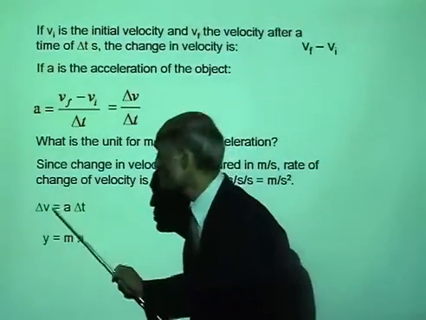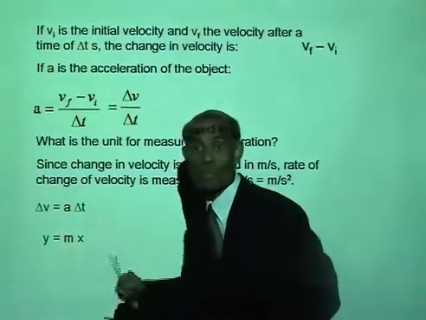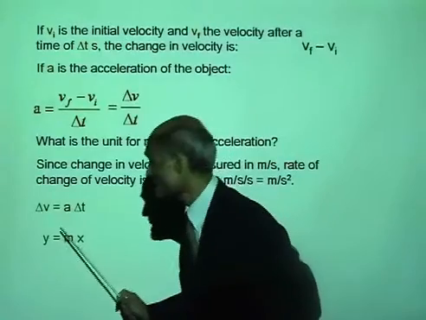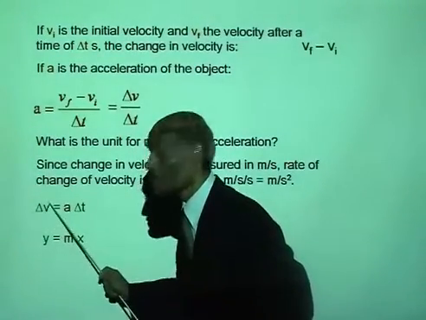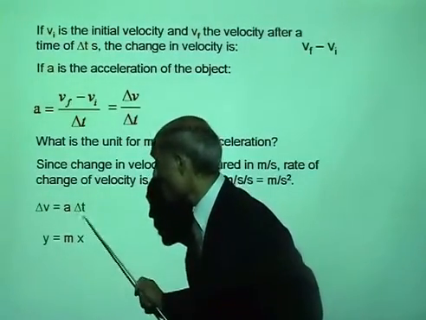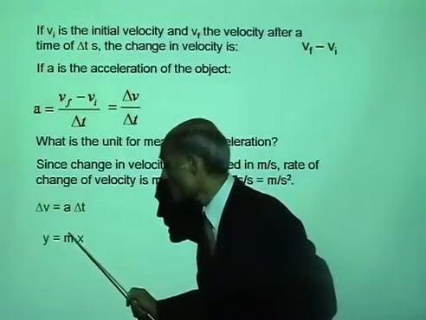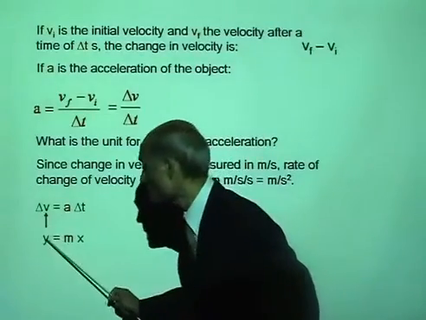Now, this equation is similar to y equal to mx, and we have been talking about it in our last lesson. So, what that tells you is, if you draw a graph of velocity on the vertical axis and time on the horizontal axis, the slope of that graph will give you acceleration. That's what this equation means.